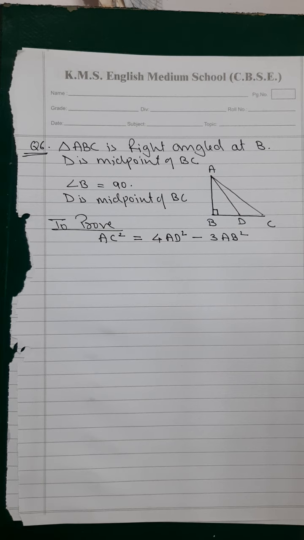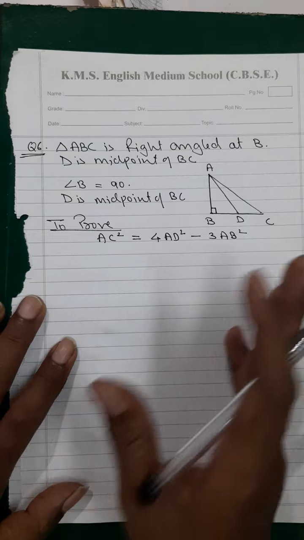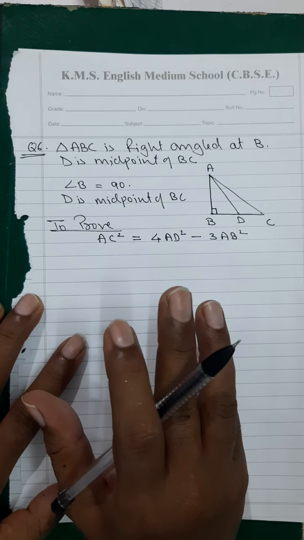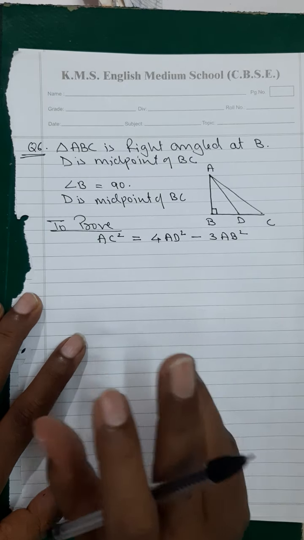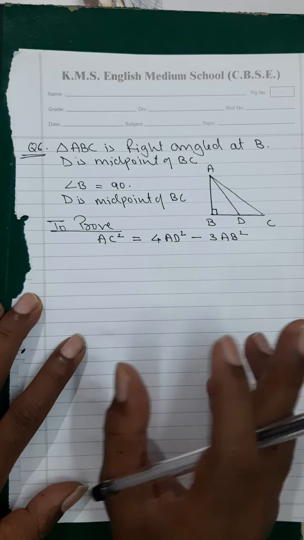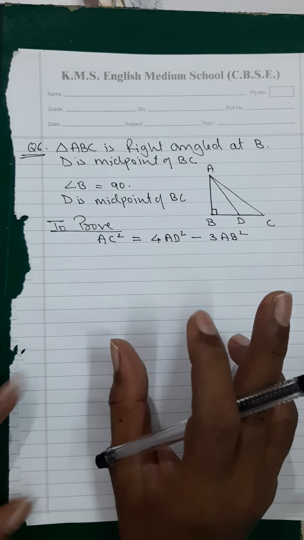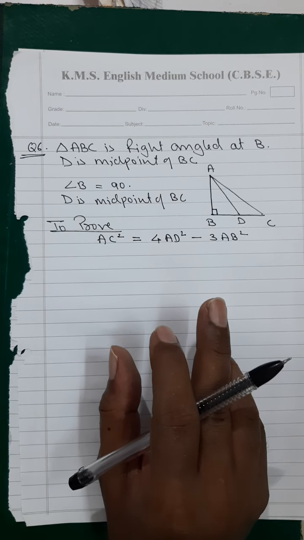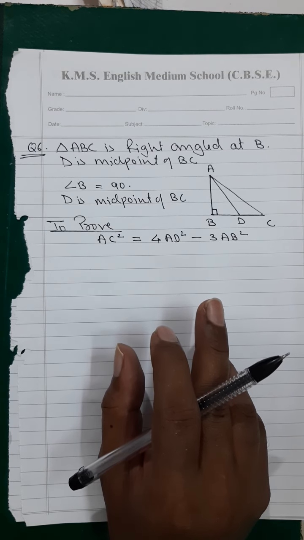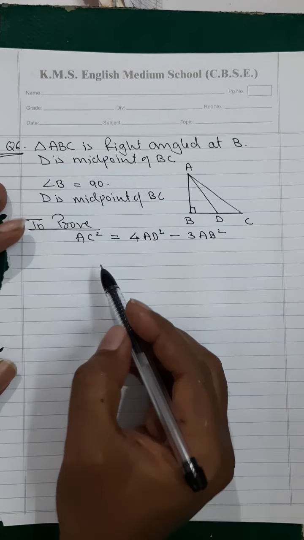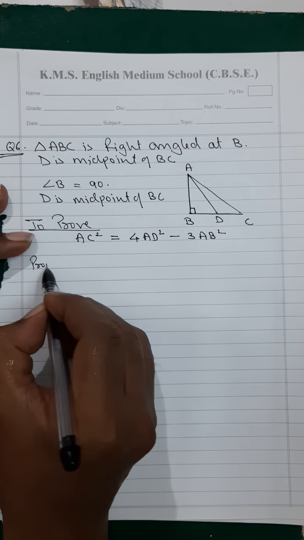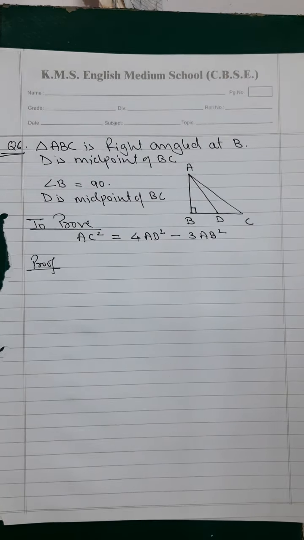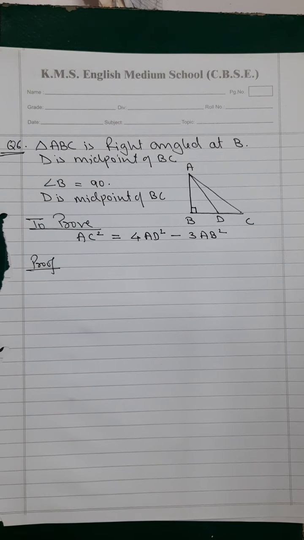And second step, once your left hand side is ready, then on the right hand side, what all terms are there which you don't need, find the expressions for them and go on substituting. If you go on doing that, 100% of questions, especially 2 marks and 3 marks, will be solved.